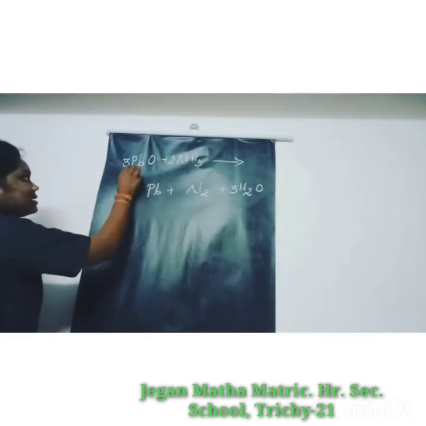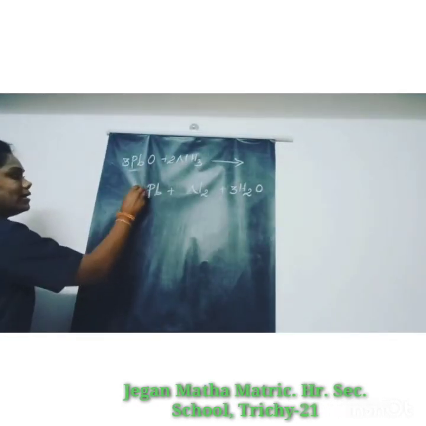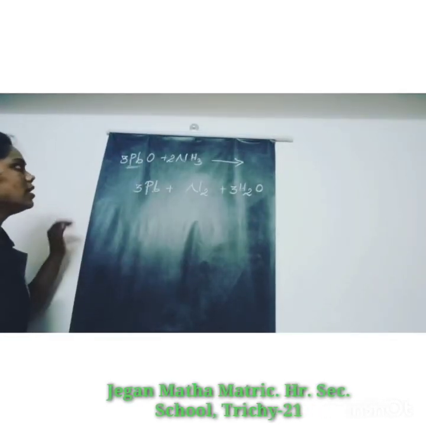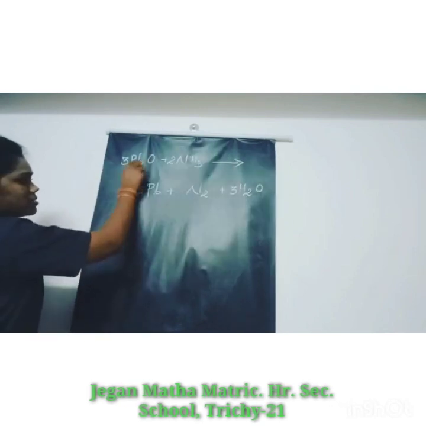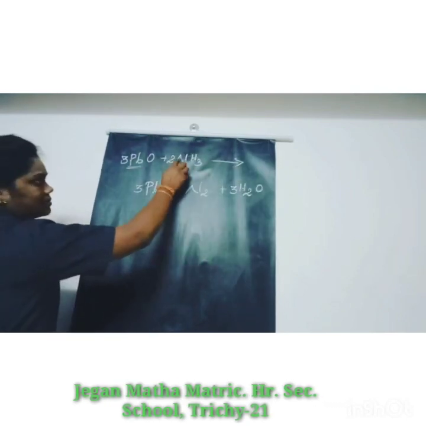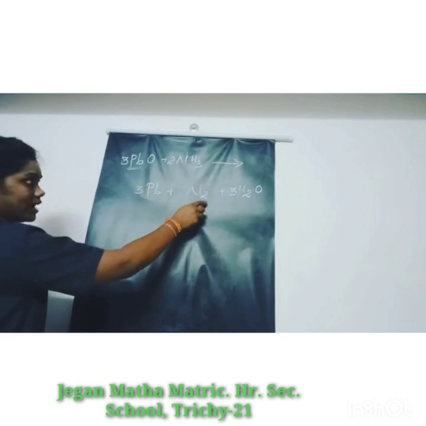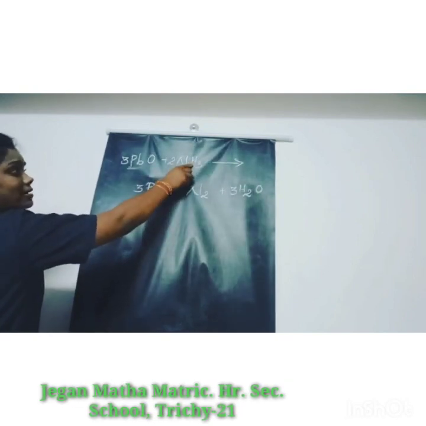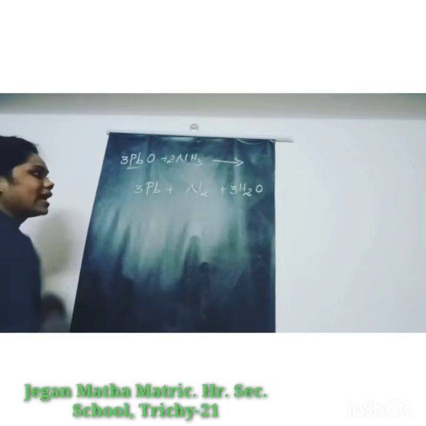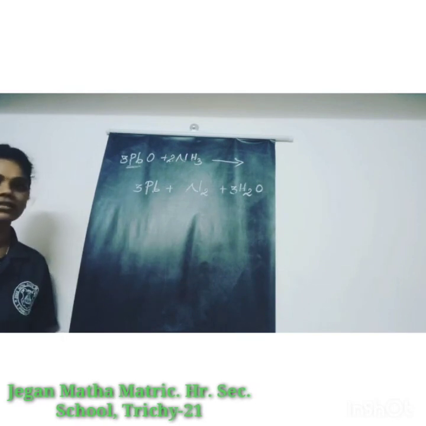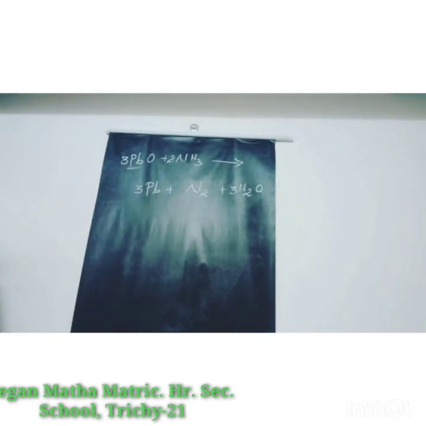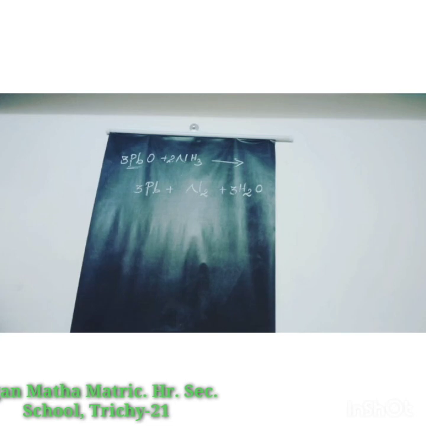Now lead is 3 times, so 3 times of lead. Lead 3 times, oxygen 3 times, nitrogen 2 times, and hydrogen 3 2s are 6 on both sides. So the equation is balanced.